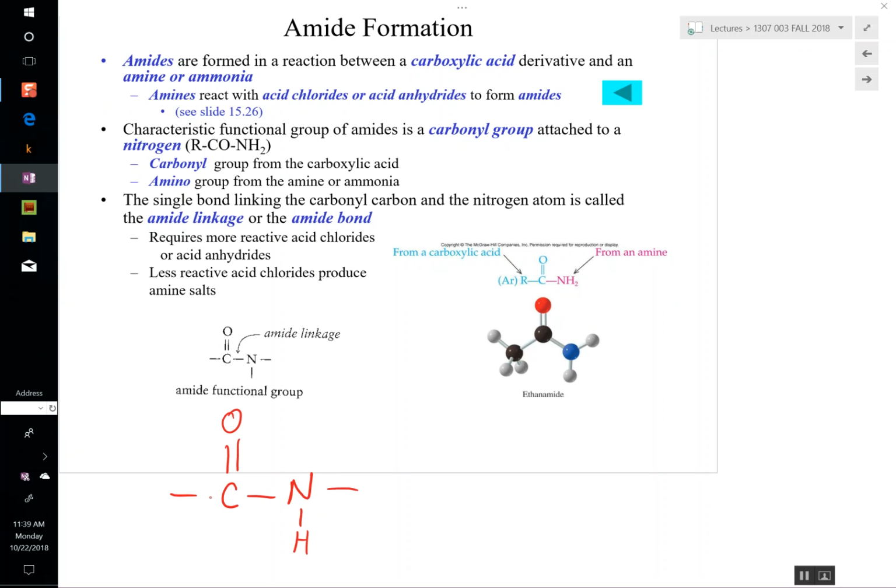You have a carbonyl and an amine, or a nitrogen, right next to it. This is the amide. In the amines, we haven't seen this. Without that, you have just an amine. But when you have a carbon-oxygen double bond on the nitrogen, it's an amide.